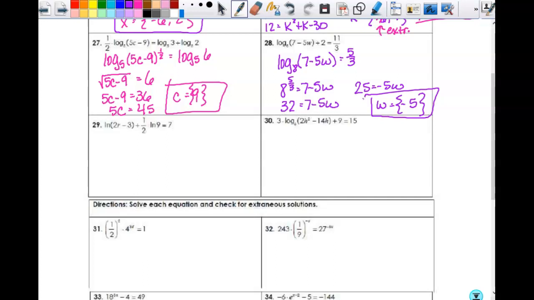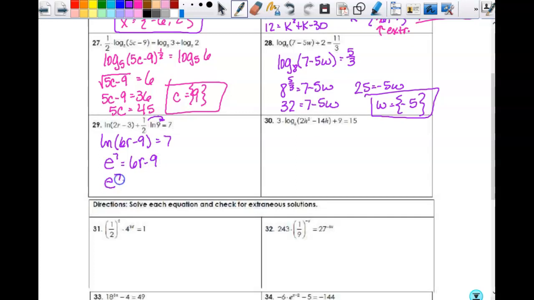Okay, so I'm adding 2 logs with the same base, so they're going to be multiplied. This becomes an exponent, so it's the square root of 9, which is 3. So I really get the natural log of 3 times this, so that'll be the natural log of 6r minus 9 equals 7. So e to the 7th power equals 6r minus 9.